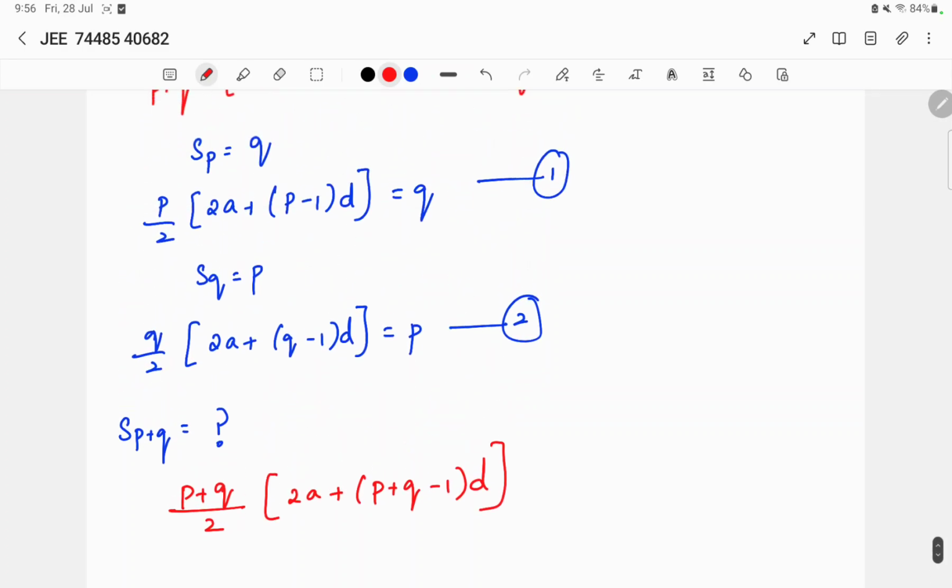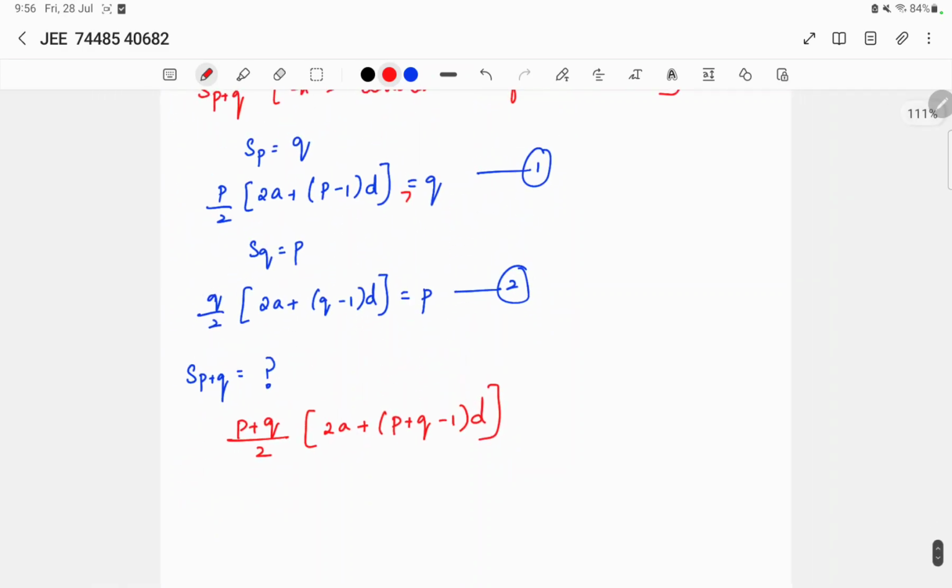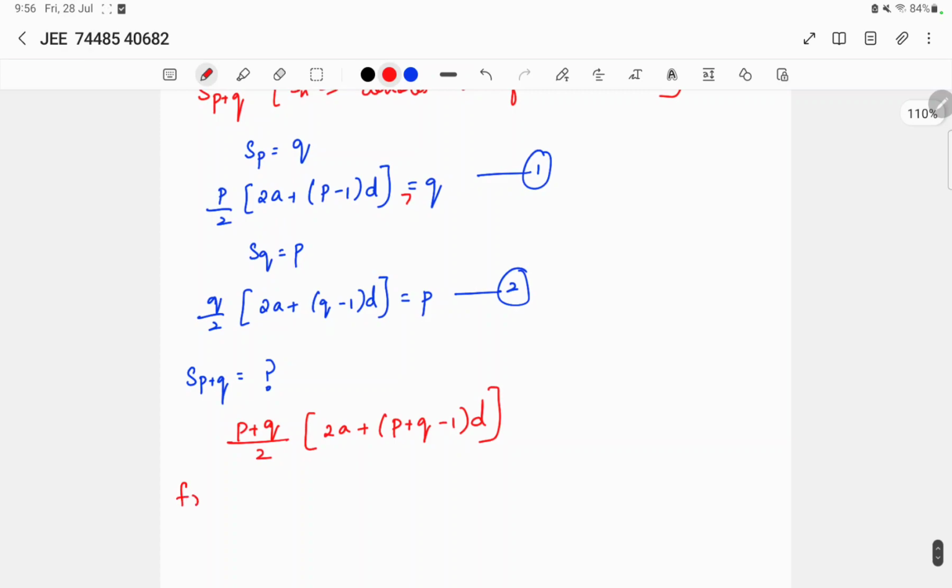Now from the first equation, this 2 I can bring here, and this P also I can bring here. So from 1, I can write 2A plus P minus 1 into D equals 2Q divided by P. The 2 goes to the right-hand side, and since P is in the numerator on the left, it comes to the denominator.